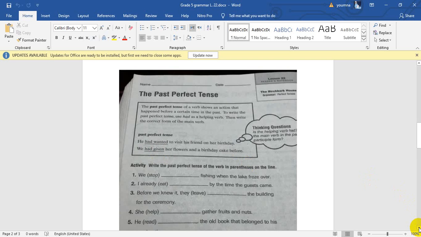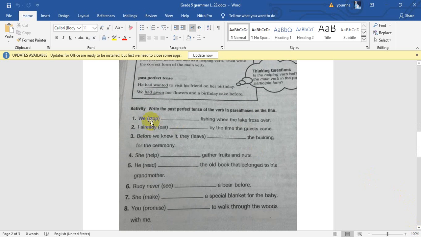So let's practice together here. We stop here. How will you form it? It will be had stopped. Had stopped. And here, guys, stop. To add to it the ed, you have to double the last consonant because it has just one syllable that ends with a consonant and before it a vowel. So you have to double the last consonant and add ed. So it will be had stopped.